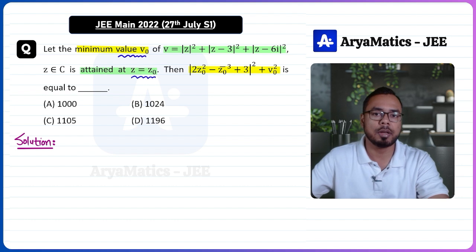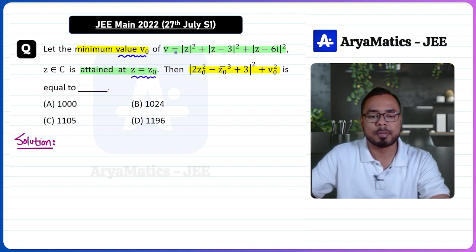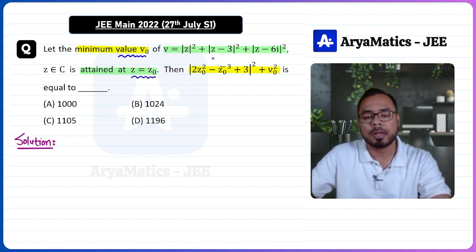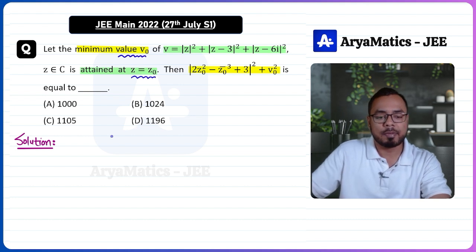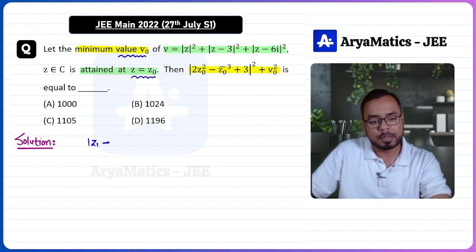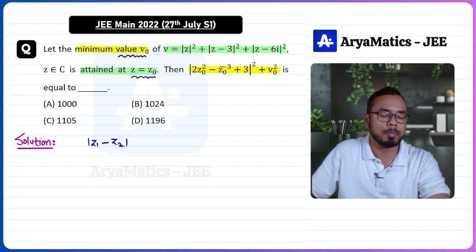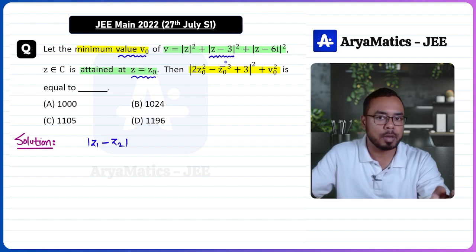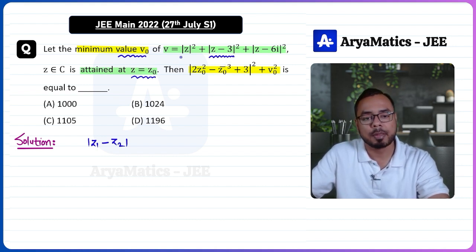Now this is a problem on the distance formula in the complex plane and one interesting property of a triangle. Here, in the expression |z|² + |z − 3|² + |z − 6i|², we know that |z − z₁| is the distance between the points representing the complex numbers z and z₁. So |z − 3| is the distance between the point (3, 0) and the complex number z. |z| is the distance of the complex number from the origin.